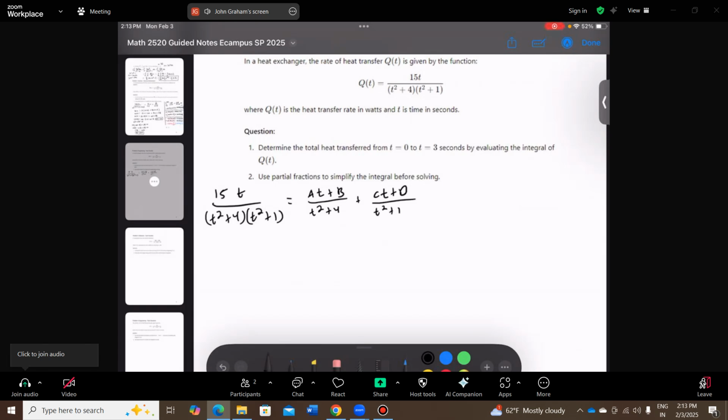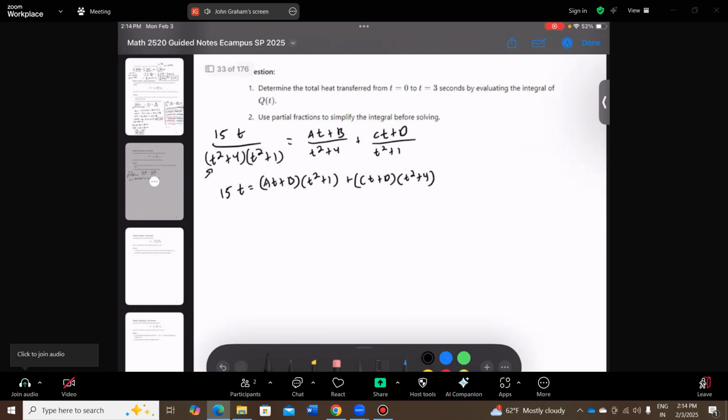Okay, multiply by the common denominator, we get 15t equals At plus B times t squared plus 1 plus Ct plus D times t squared plus 4.